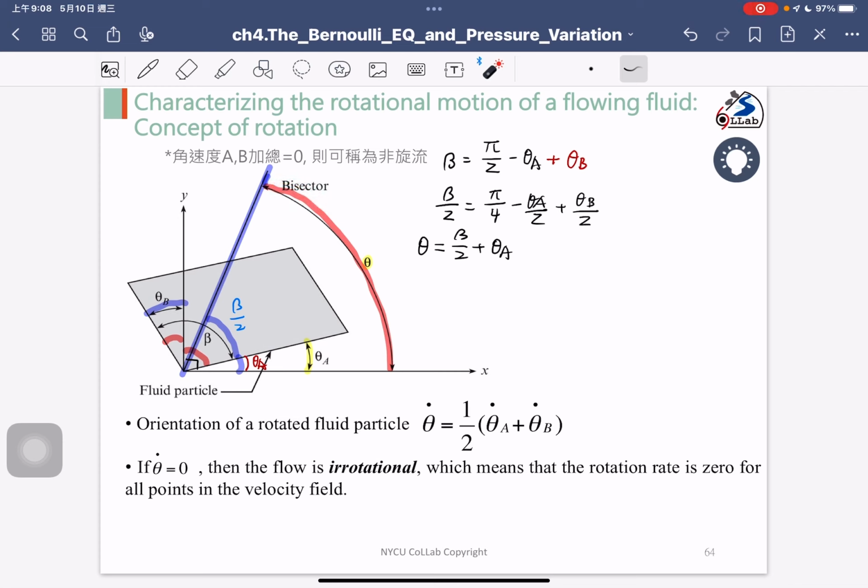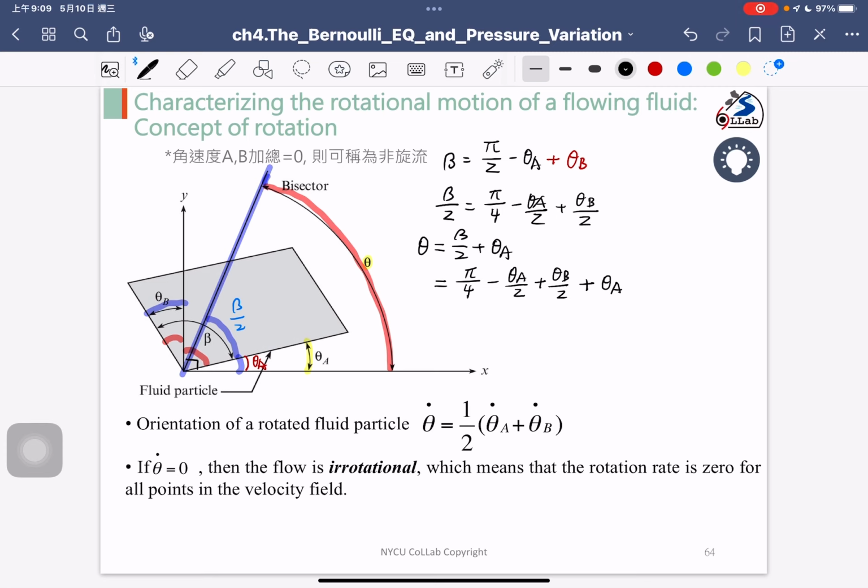So theta is equal to beta over 2 plus theta A. Writing down beta over 2 as pi over 4 minus theta A over 2 plus theta B over 2, we have the additional theta A angle here.